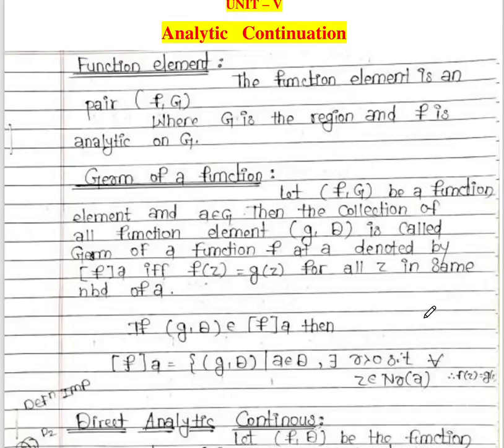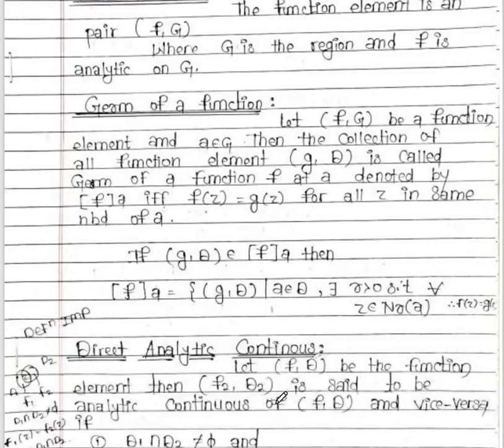If function element g, d belongs to f suffix a, then the germ of a function f at a is given as function element g, d such that a belongs to d, there exists r greater than 0 such that for every z in the neighborhood of a, f of z equals g of z.